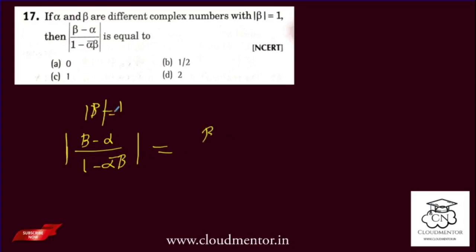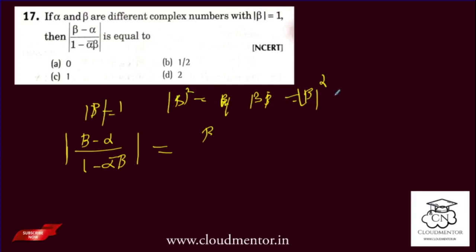Already we know that modulus of beta equals 1, so beta times beta bar is equal to modulus of beta, the whole square.